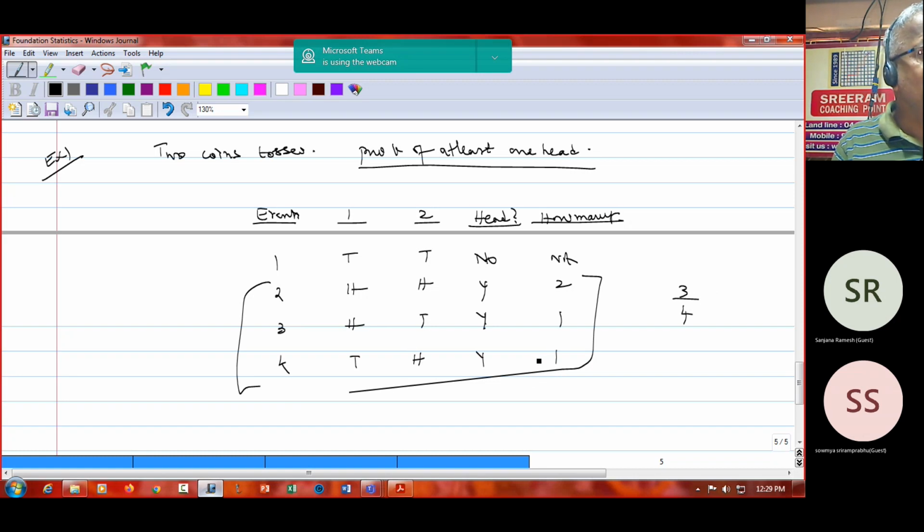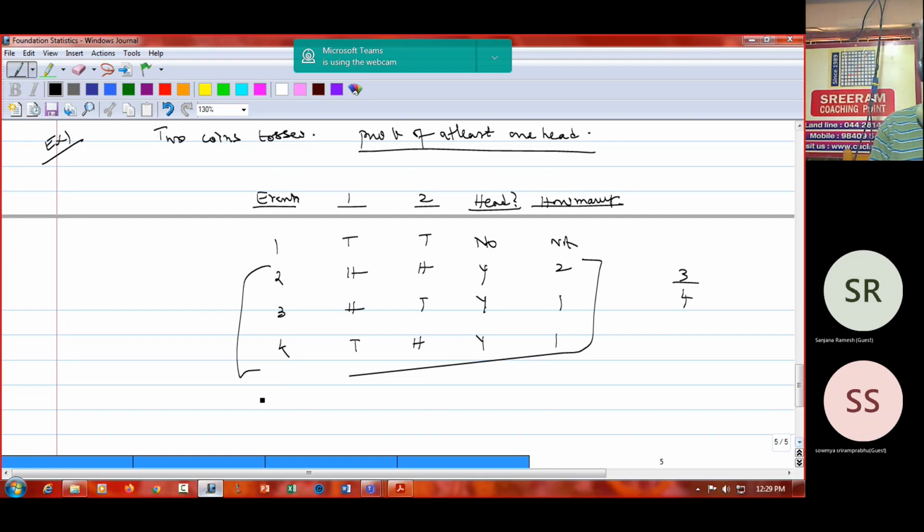Now, complement: the probability that there is no head at all is equal to 1 by 4.